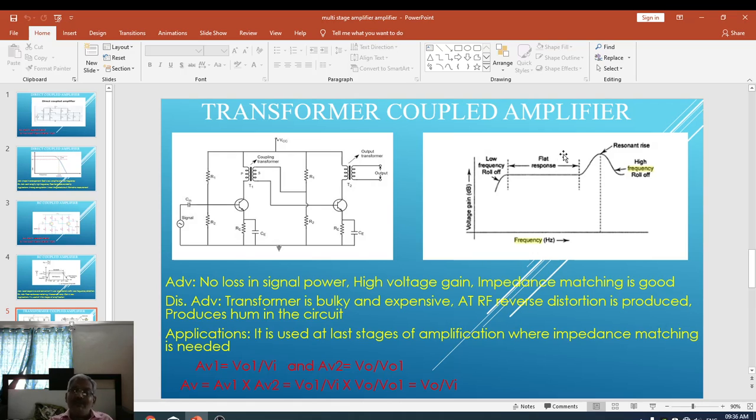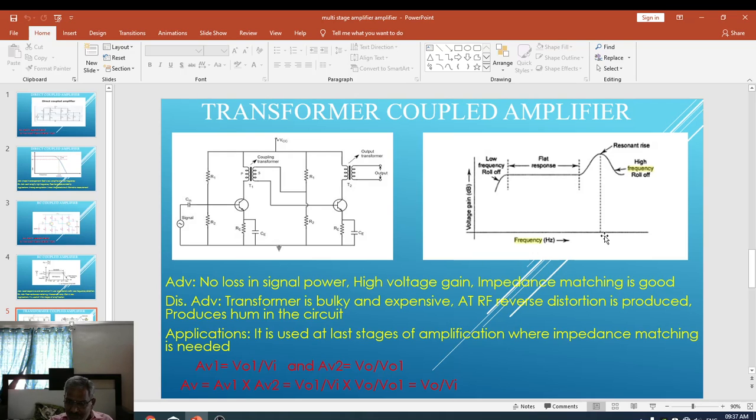But in the mid frequency region, when frequency is further increased, at a particular frequency, the resonating frequency, the voltage gain suddenly increases, and after that it goes on decreasing.